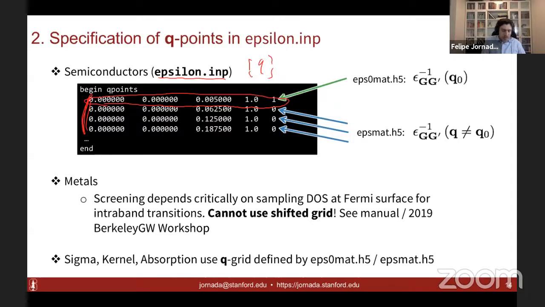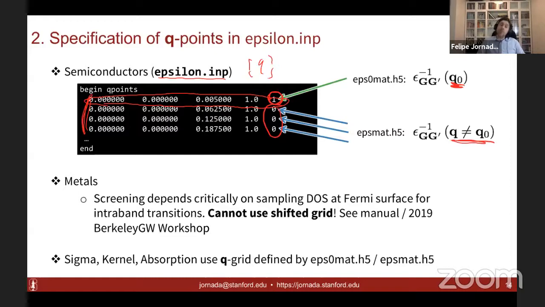So you see that this first line is slightly different than the other ones, and it has a flag 1 at the end. This 1 tells the code that this is the dielectric matrix to be computed at a very small but finite wave vector q0, and all the other flags are 0, which means that this is the dielectric matrix to be evaluated for the regular non-zero wave vector q.